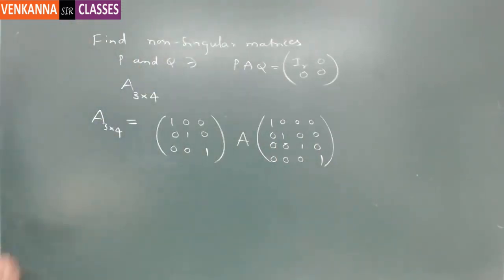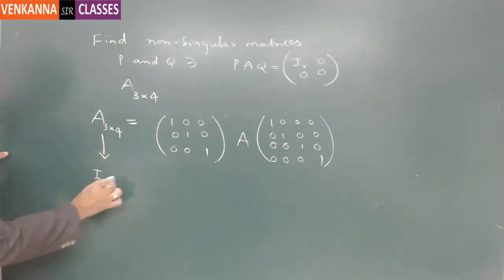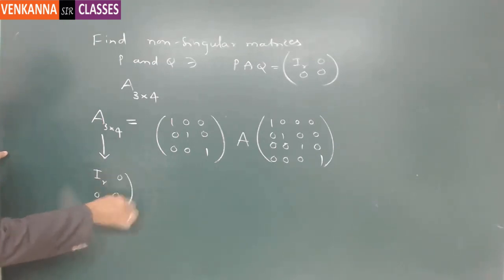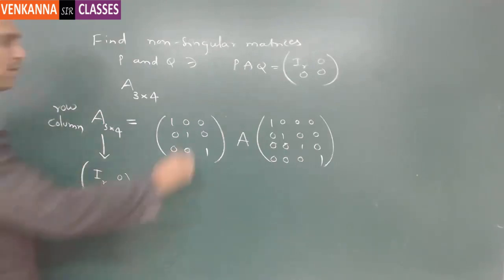Now we apply row operations as well as column operations on this A 3 by 4 so that it is reduced to the form [I_r 0; 0 0]. Since you are applying the two kinds of operations, whatever row operations we apply on this middle matrix are also performed on the left identity matrix.